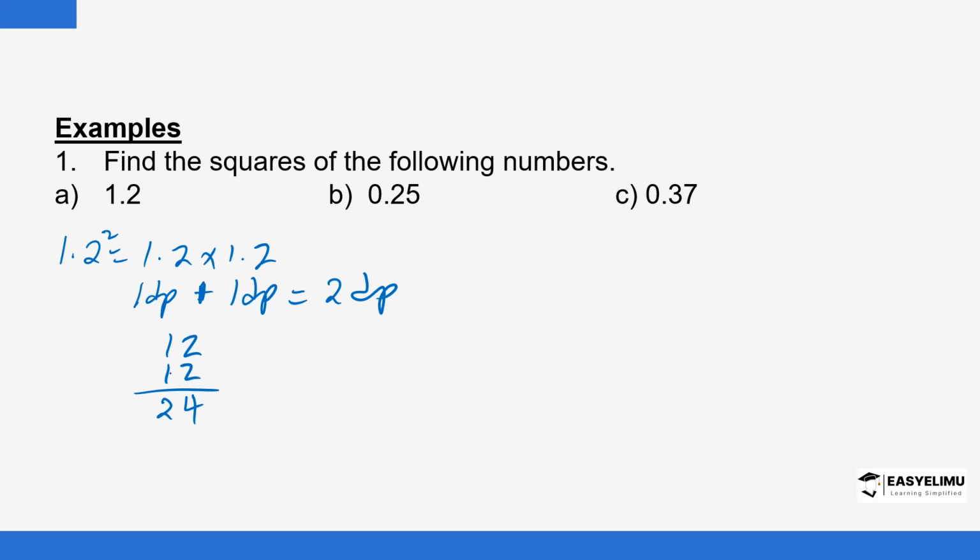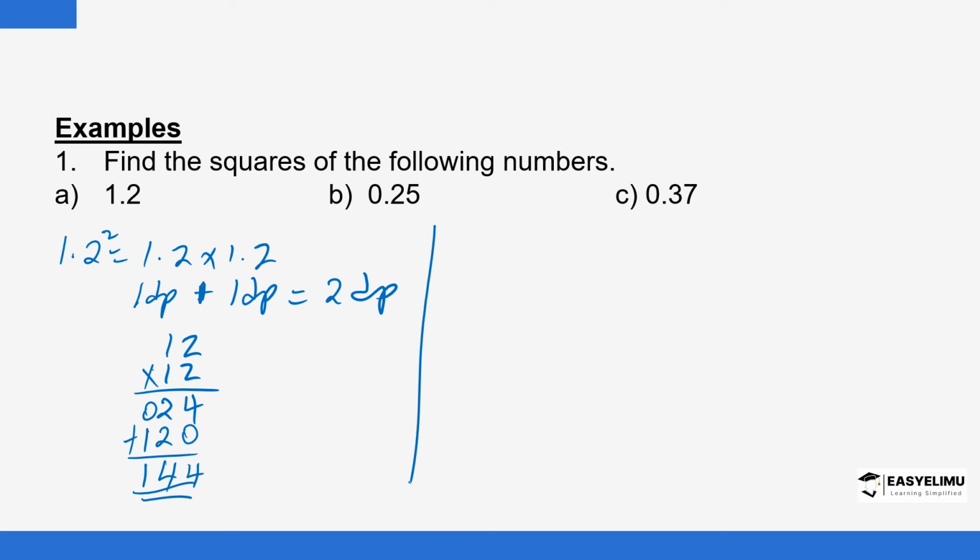So when multiplying by 10, you just multiply by 1 and then add the 0. So I'll add the 0 first. Then 1 by 2 is 2, and 1 by 1 is 1. Fill up the spaces left using zeros, and then you add the two products. So 4 plus 0 is 4, 2 plus 2 is 4, and 0 plus 1 is 1. So 12 by 12 is 144.